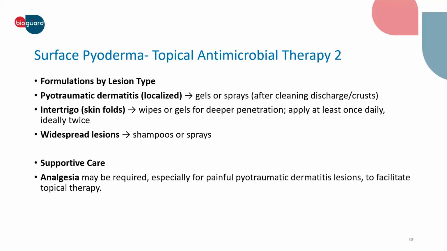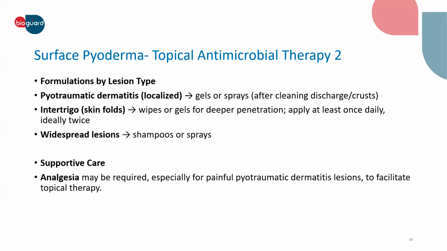And for different lesions, we may need to use different types of drug. For pyotraumatic dermatitis, it's usually localized, so we can use gel or spray. And intertrigo usually occurs in skin folds, so we use wipes or gels for deeper penetration.